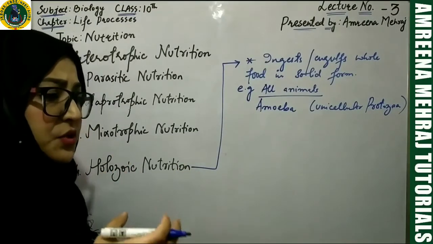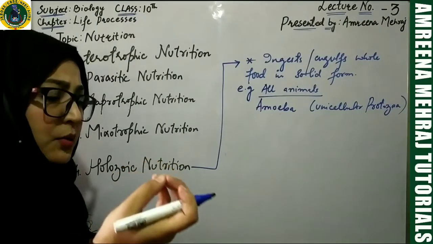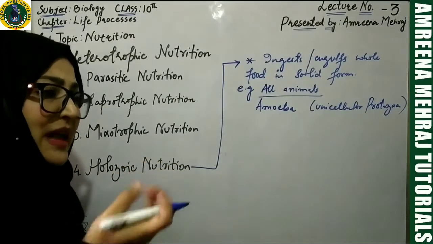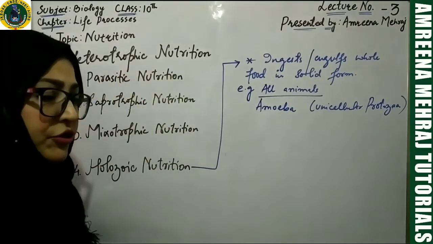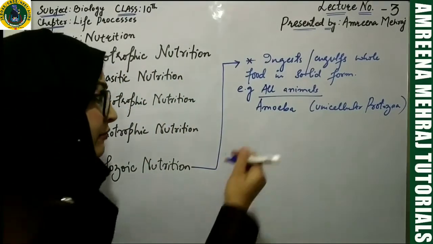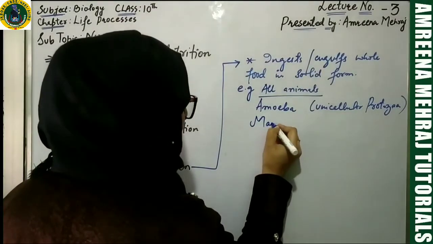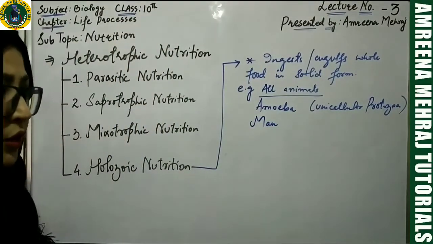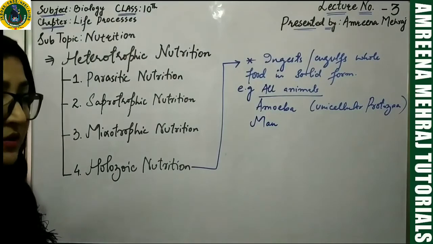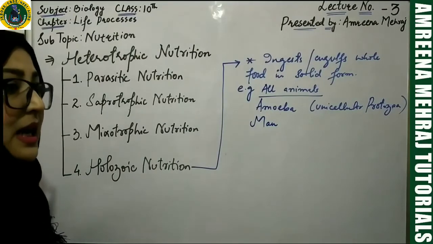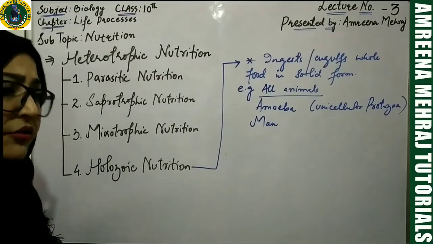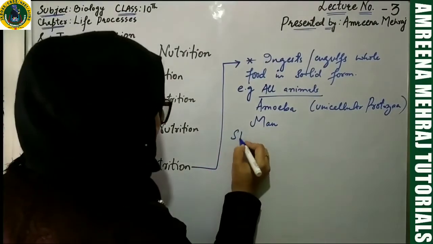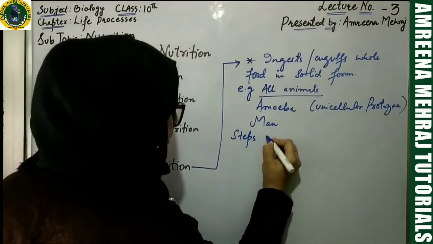So it obtains its food in the form of solid plant material or solid animal material. Okay, so it is showing again the same mode of nutrition, that is holozoic mode of nutrition. For that matter, even man, the human being, also shows holozoic mode of nutrition. Now the question which is worthy of consideration is how we get, or how amoeba gets, nutrition from the solid food.